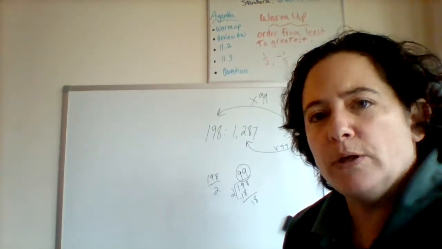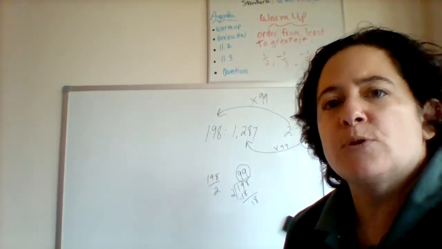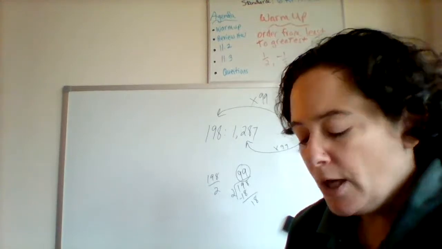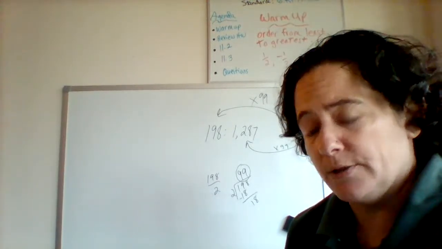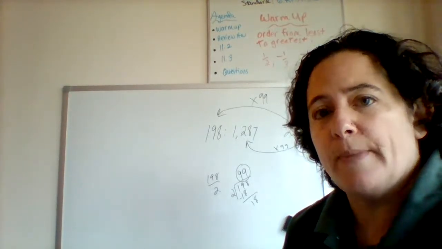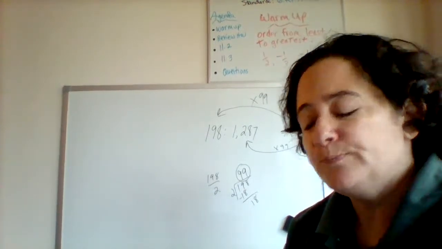The reason why I don't want to do number 5 with you is because in class, Miss Levy keeps talking to you about picking the strategy that you are the most comfortable with. We have done tables, we've done double number lines, we've done ratios in different formats, and I keep telling you that I want you to pick the one that works for you.